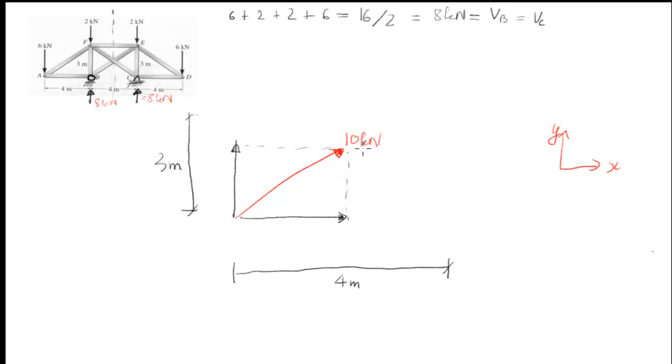This force may extend up to here, somewhere, but as long as it's going in this direction, okay?